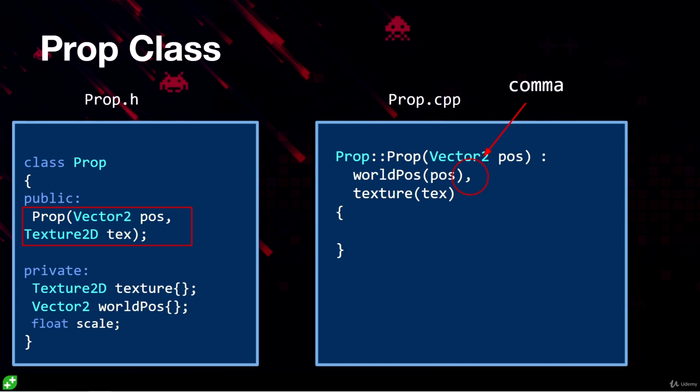Now, it's important to note that these variables get initialized in the order that they were declared in the class itself in the header file. Variables are initialized in this order regardless of the order that you place them in the initializer list here in the definition in the source file. So it's generally a good idea to list them here in the order that you declared them in the class.